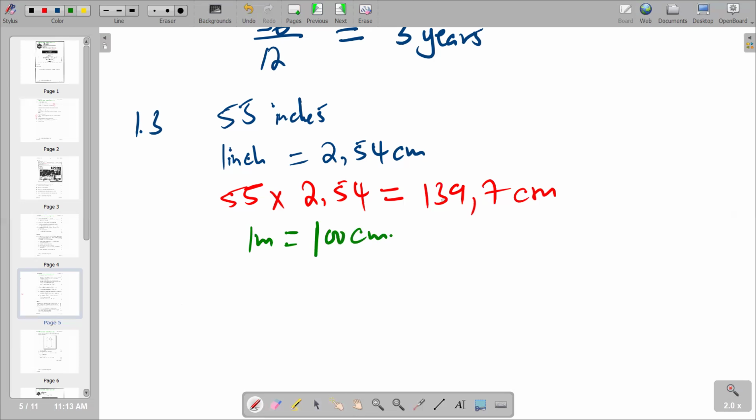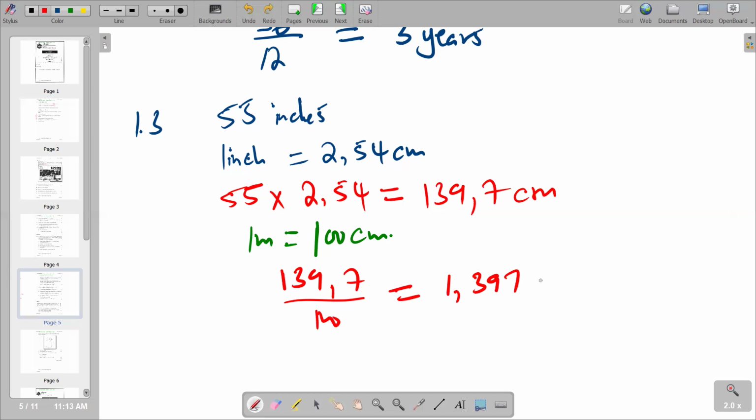So we can divide 139.7 by 100 to convert it to meters. If we divide, the answer that we are going to get is 1.397.